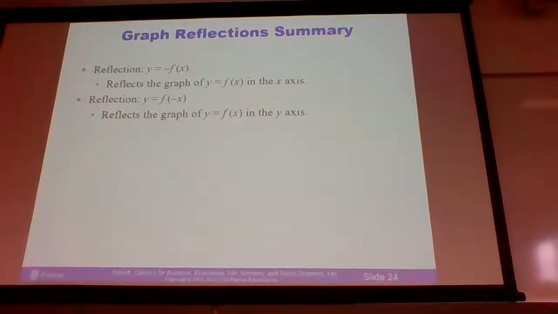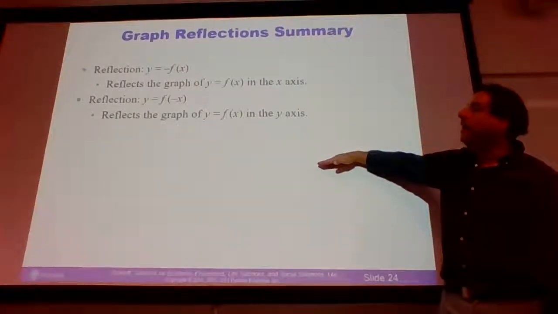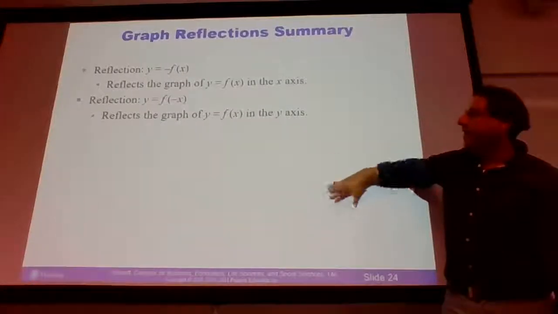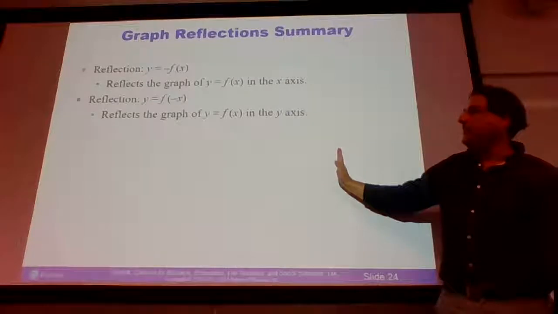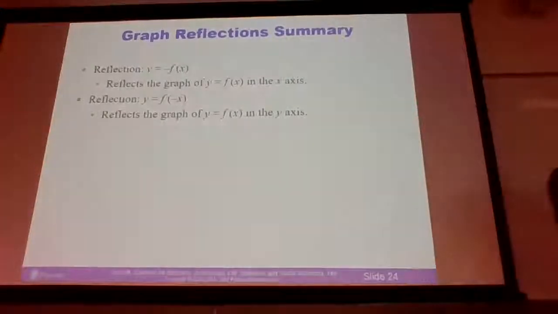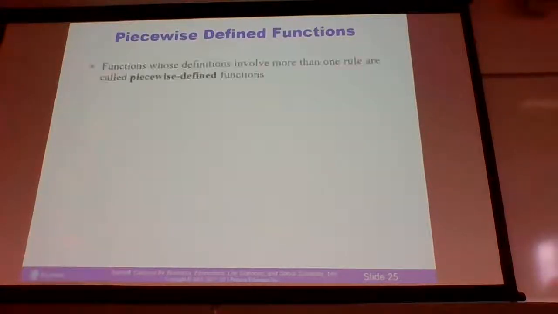The negative on the inside reflects on the y-axis. What does that mean? Here's the x-axis. If the negative's on the outside, it reflects over the x. If the negative's on the inside, it reflects over the y. And again, things you've seen before, my advice is always to use the calculator and graph it.